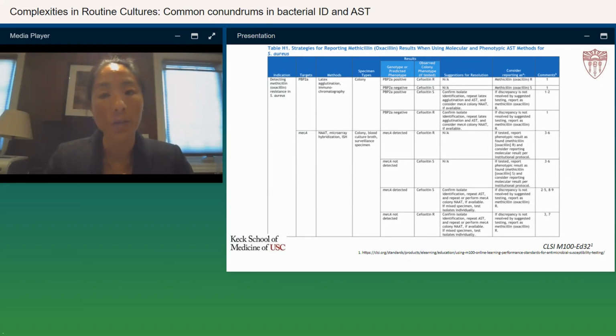If you have a mecA test at your disposal, that could be very helpful as well. In the end, after this more or less complicated information in the tables is processed, I think it's safe to say you just want to err on the side of caution, and avoid calling susceptible when there might be resistance present.